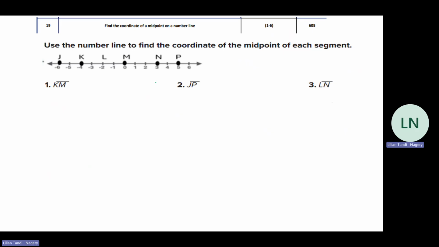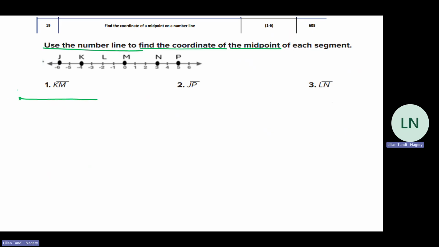Let's read the question and understand what it wants. It's telling me I need to use the number line to find the coordinate of the midpoint of each segment. I always tell you, my picture helps me to think.